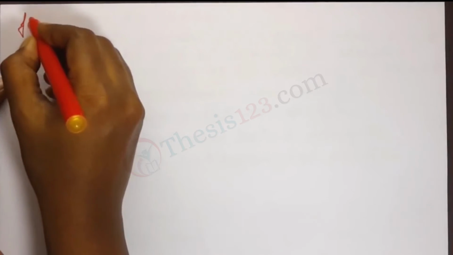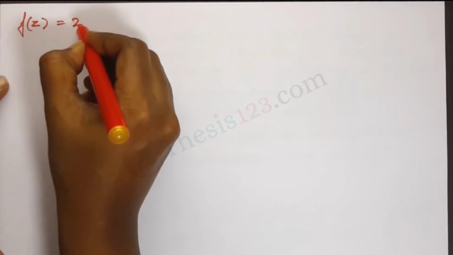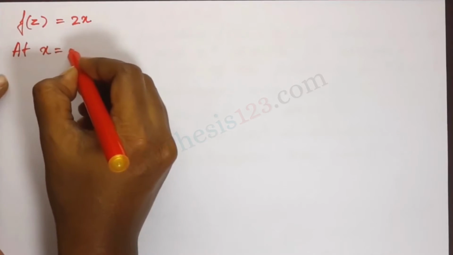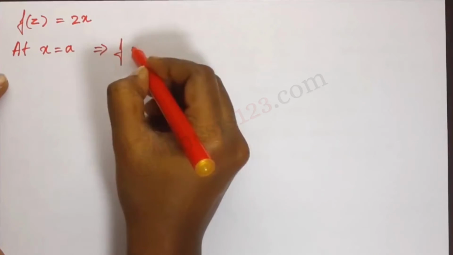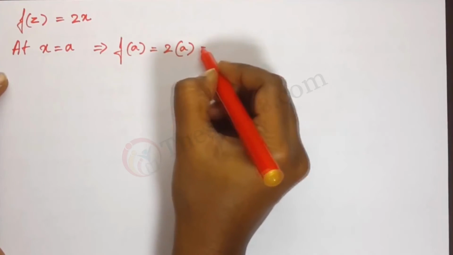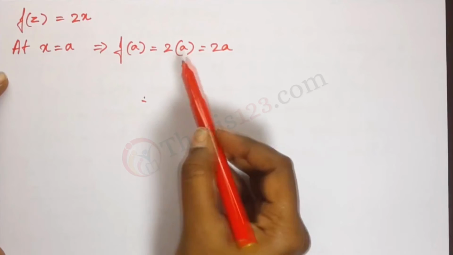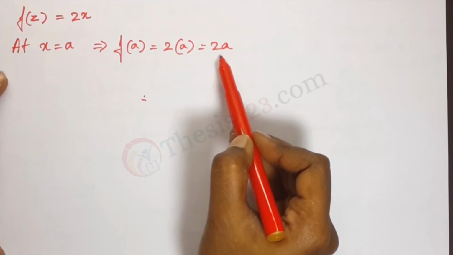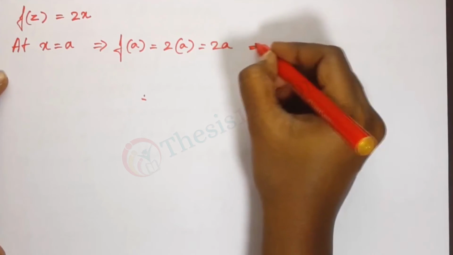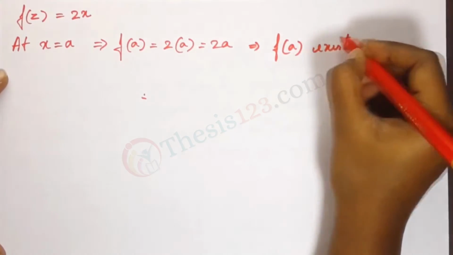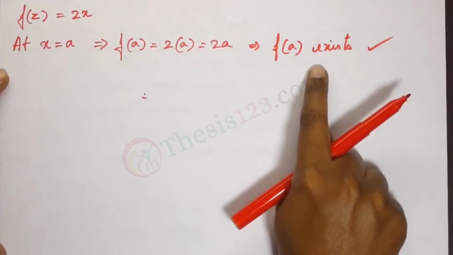So we have f of z is equal to 2x. So at a certain point x is equal to a, f of a is equal to 2a. We substitute a over here and we get the term as 2a. So this means that f of a exists. So that's our first condition proved.